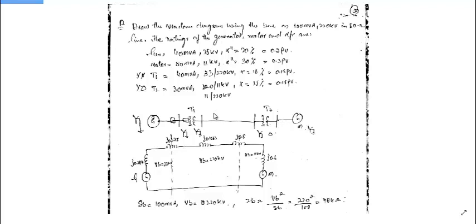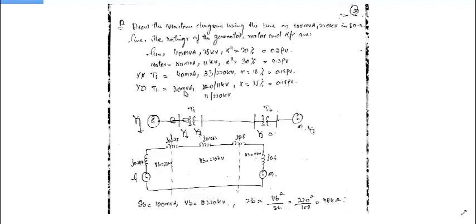Now here it is given that you have to choose the base as 220 kV and 100 MVA. Sometimes you may not be given the base, you have to choose yourself. You can choose the base randomly as you wish, but since the voltage rating will be almost the same for every equipment, but the MVA rating will definitely change, it is advisable to take the MVA rating of the highest equipment as base.